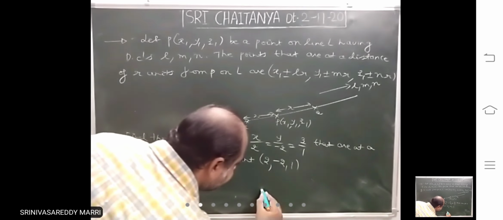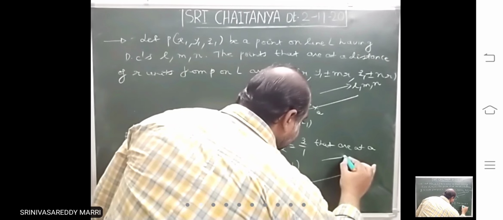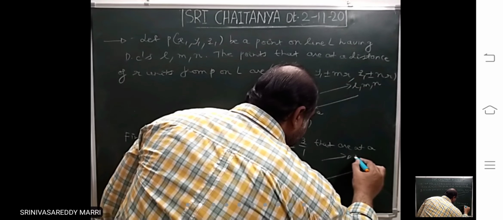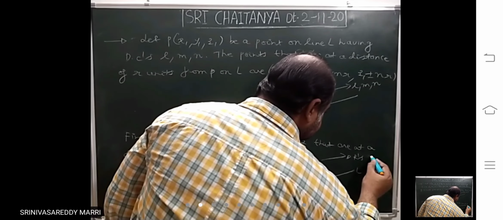One line is given to you. For the DRs given, you can observe that these are DRs, not DCs.